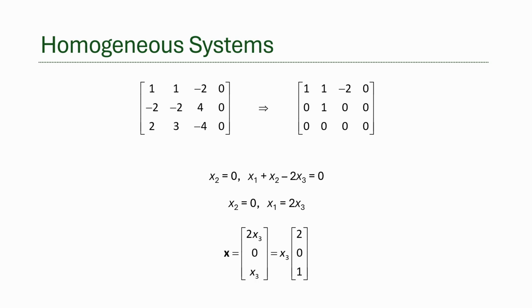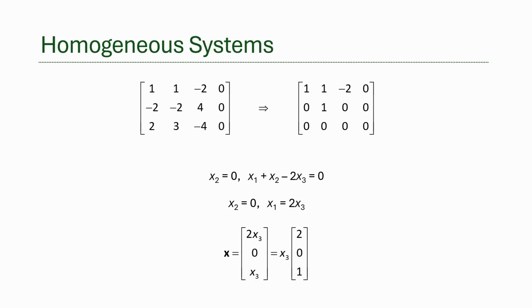That's a free variable. We can put anything in there for x3, and that determines the other two values. Now, notice what I did here. I took that x3 that everybody has in common and factored it out. So I rewrote the solutions as a scalar times a vector.